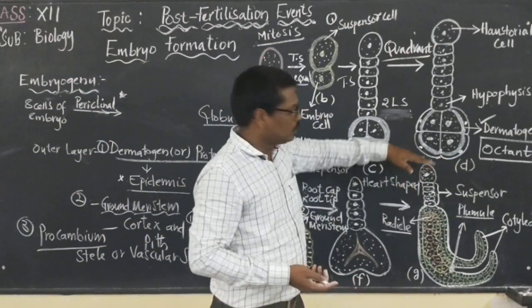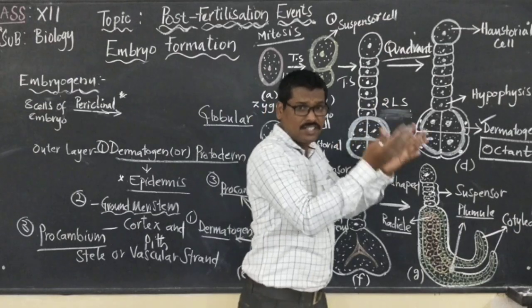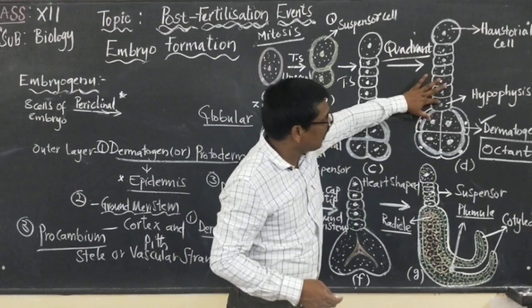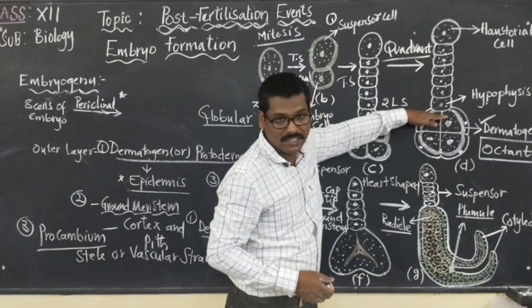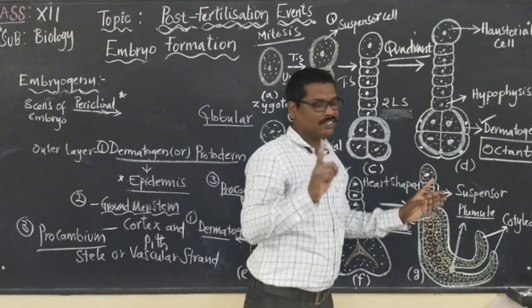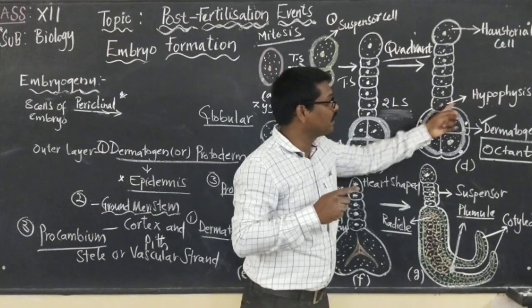Those towards the chalazal region will be called what? Epibasal. Those adjacent to the hypophysis are called hypobasal. Now epibasal is giving rise to what? Plumule and cotyledons. Hypobasal will be giving rise to what? Radicle, along with hypophysis, root tip and root cap.